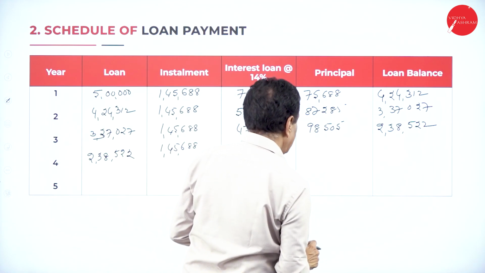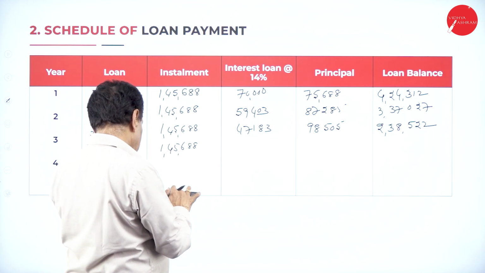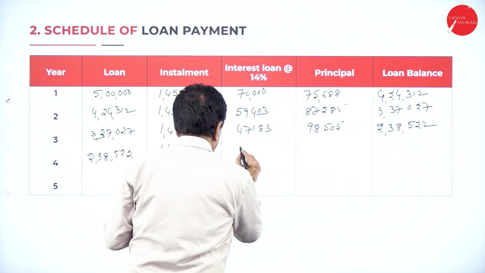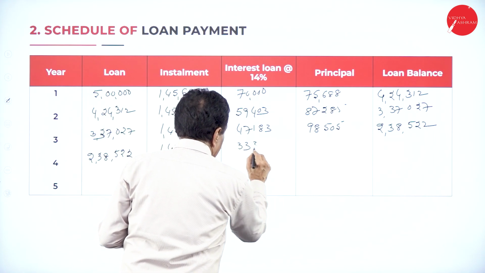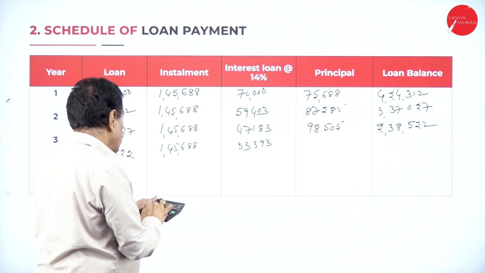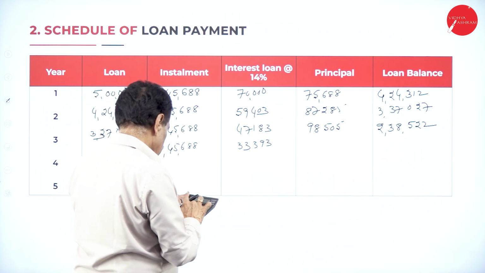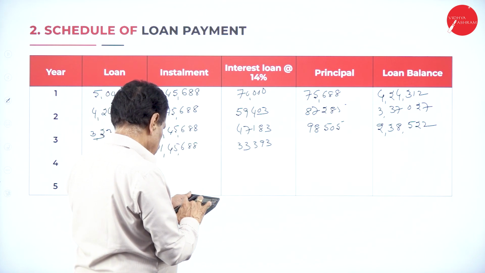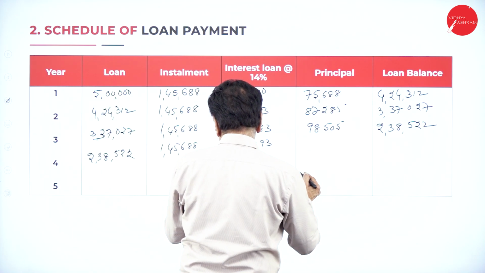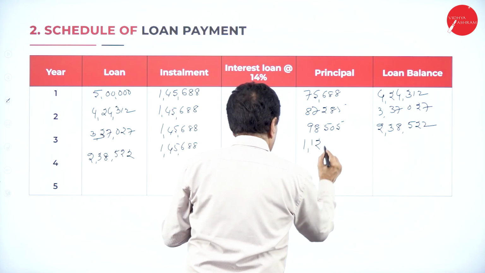So on this money, 2 lakh 38,522 into 14 divided by 100 is 33,393, which is the interest. 1 lakh 45,688 minus 33,393 is 1 lakh 12,295.